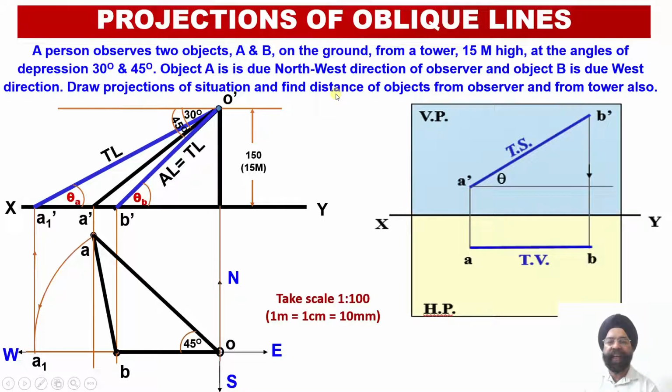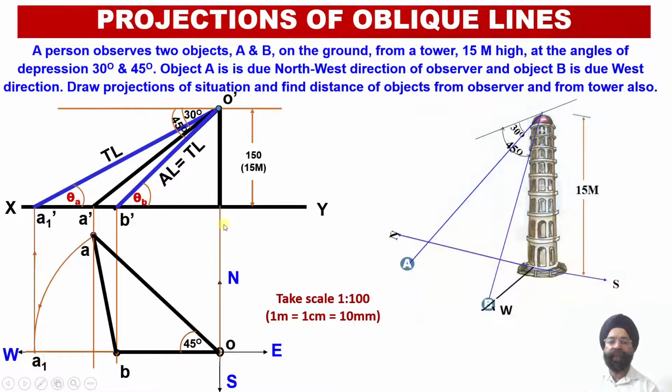Now the second thing we are required to evaluate is the distance of the object from the tower. Please check this point. Let us say this point is point T, because T stands for the tower. So the bottom of the tower we have labeled as point T, and the front view will become T dash.